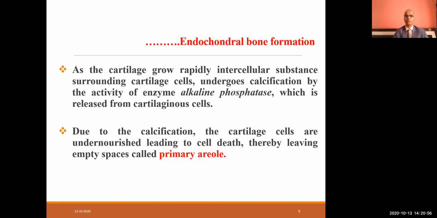Due to the calcification of the intercellular space, the cartilage cells are undernourished because the supply of blood vessels is cut off, which leads to cell death, thereby leaving empty spaces, which are called primary areolae.